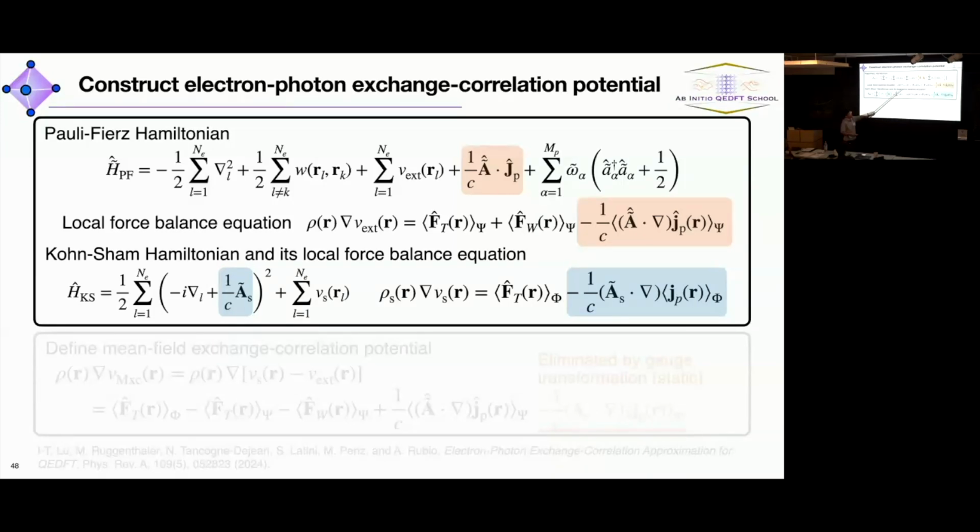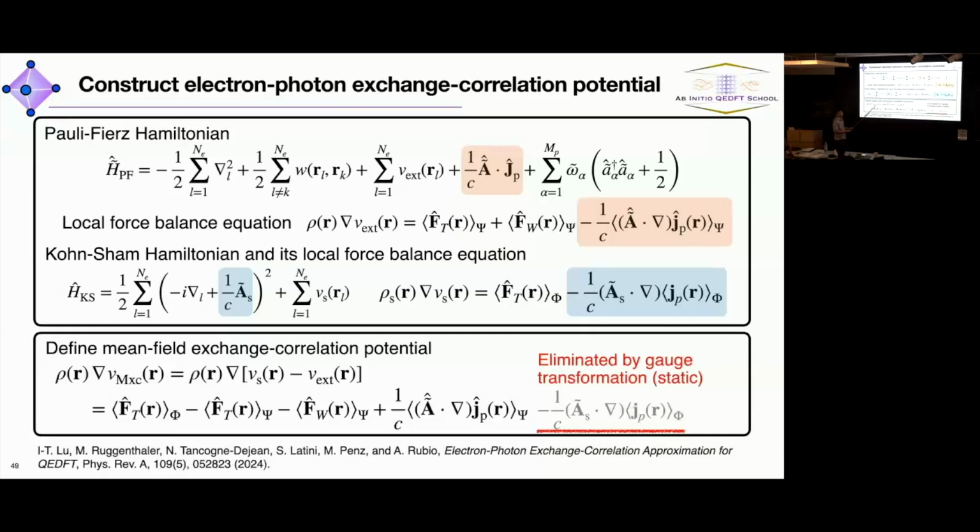So we take these two local force balance equations and subtract them to define the mean field exchange correlation potential, as you already saw in standard DFT. And this is a trick we do: because this vector potential in the steady state is a constant, we can rotate the Kohn-Sham orbitals to get rid of the constant vector potential.